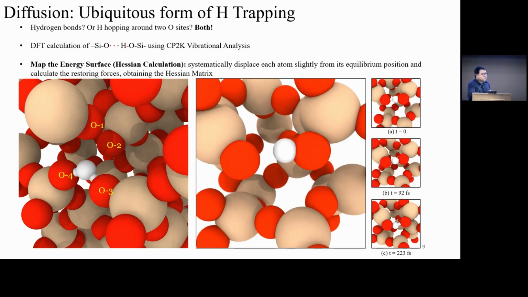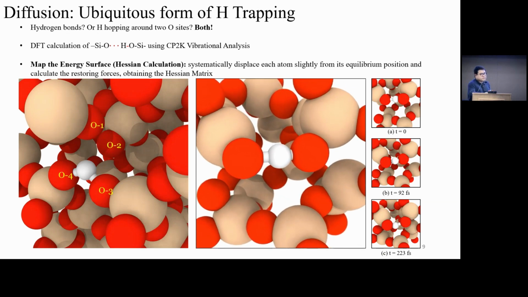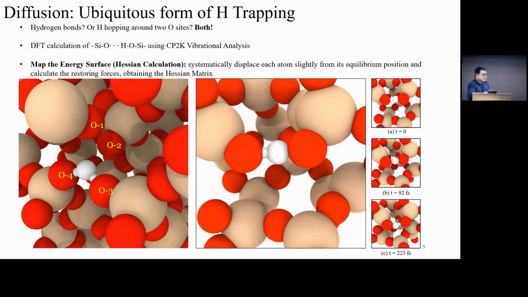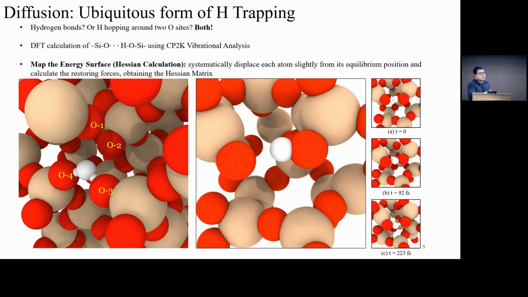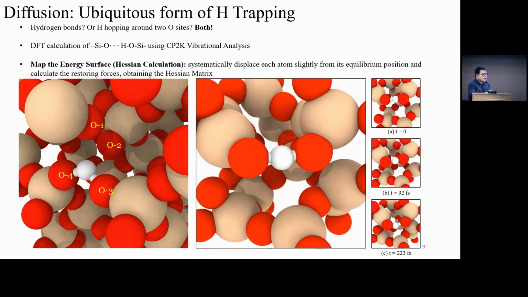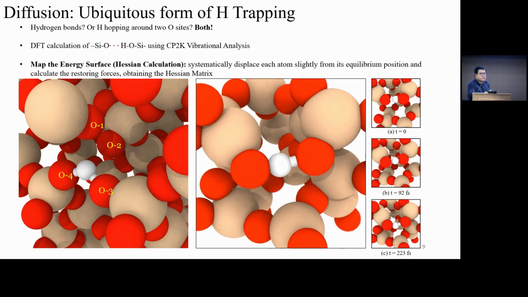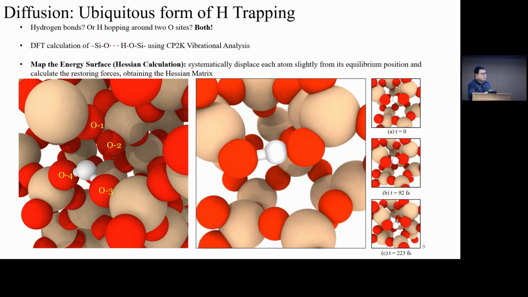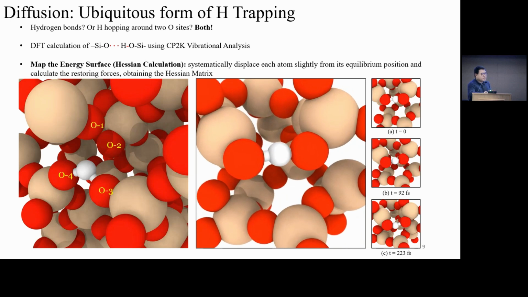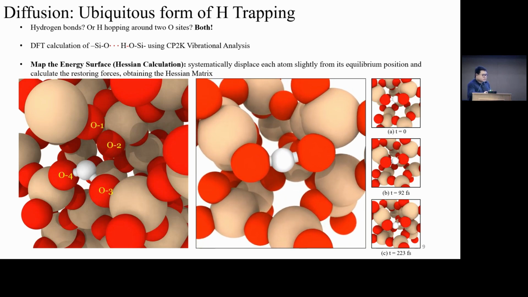To answer this question, we ran longer AIMD simulations, and the answer is actually yes to both. Based on the charge density distribution, we found there is a covalent bond between this hydrogen and 1 oxygen, and there is also a charge exchange between this hydrogen and the other oxygen. So both the hopping and the hydrogen bond exist.